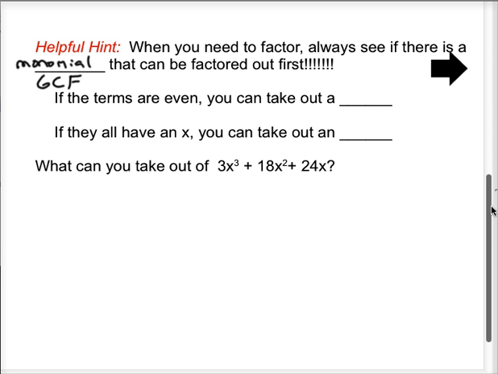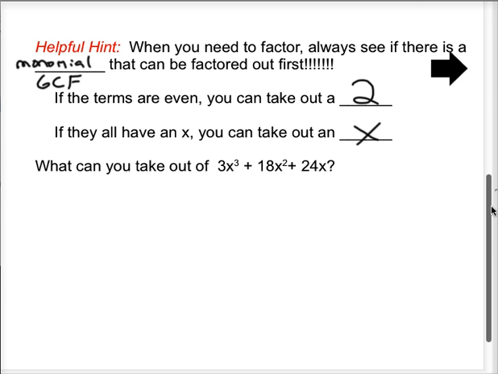If every term is even, just take that 2 right out, pull it out front, because it'll save you the hassle of extra numbers when you're trying to factor. Same thing, if they all have an x, you can take out that x, and again, save yourself a lot of hassle. So, let's take a look at that first example there.